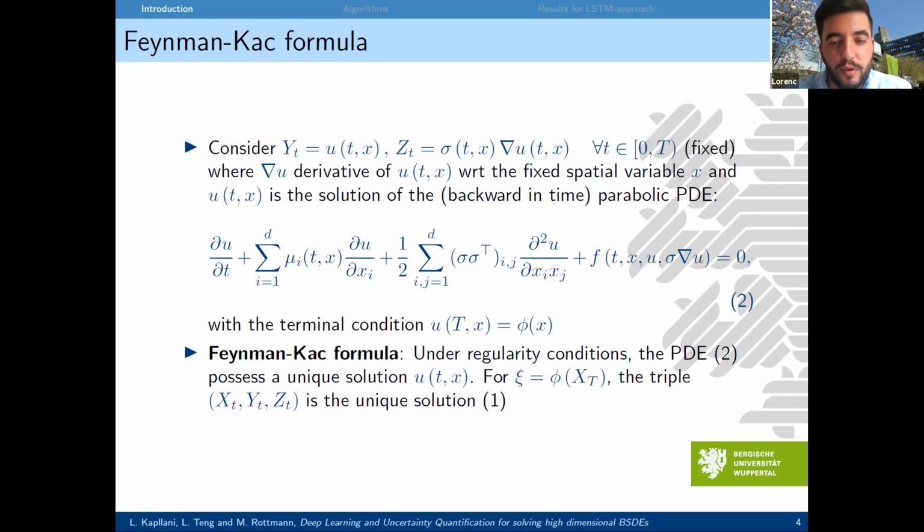And under regularity conditions, this PDE has a unique solution u(t,x), and the triple (X_t, Y_t, Z_t) is the unique solution of the forward-backward SDE that I showed in the previous slide.